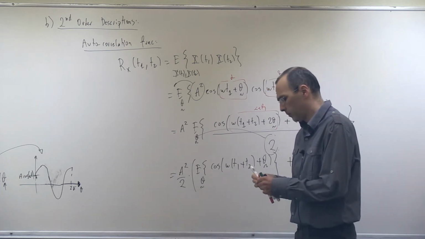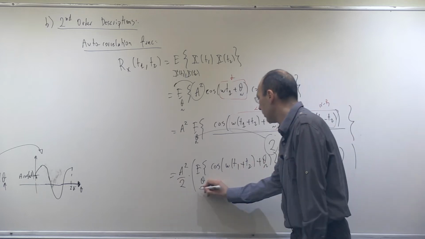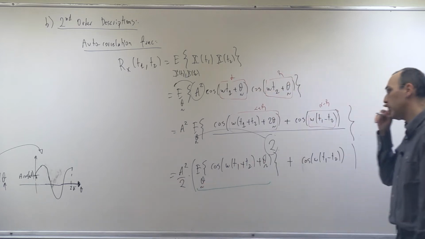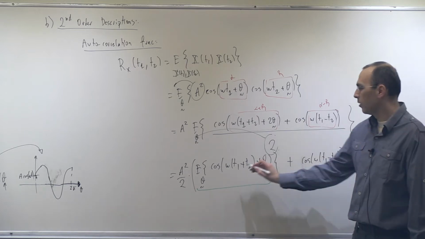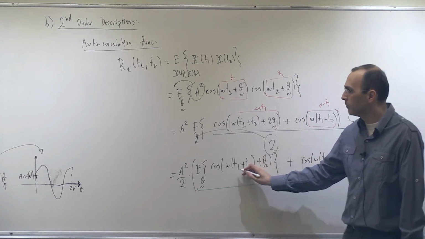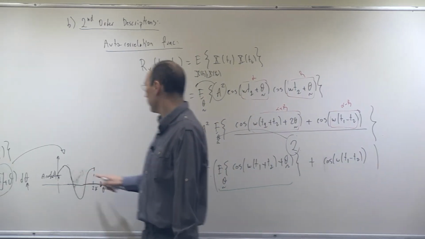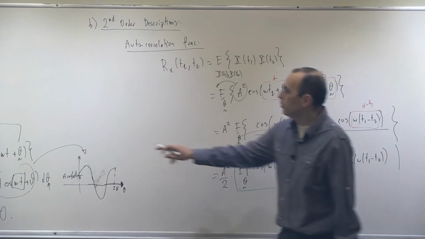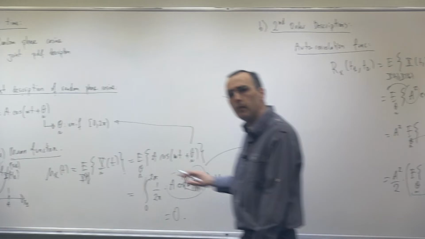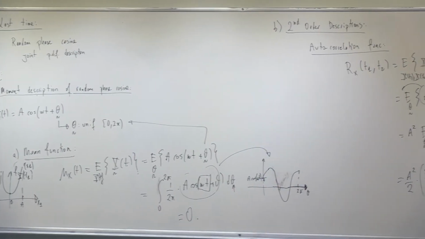Now, what do you think about this expectation result? A cosine function, something like this, I guess. So think about it. Theta is uniformly distributed, 0 to 2 pi. This is just a constant.